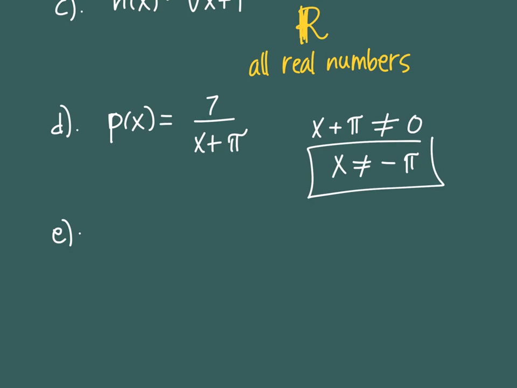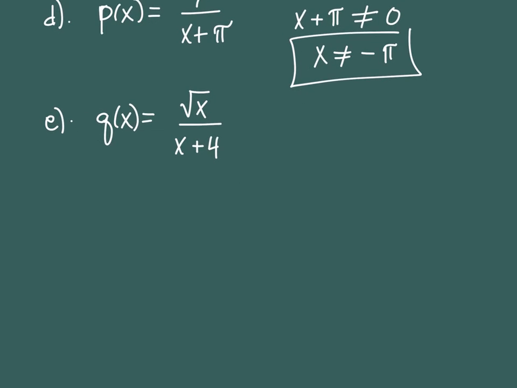Okay, Q of x equals the square root of x over x plus 4. Does the bouncer have any work to do on this question? The bouncer's got to worry about 2 rules: the rule for division and the rule for square roots.